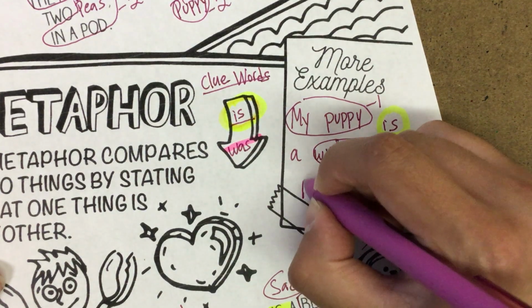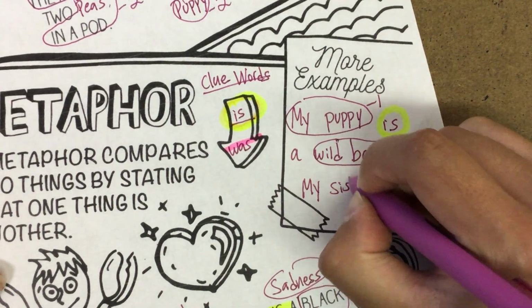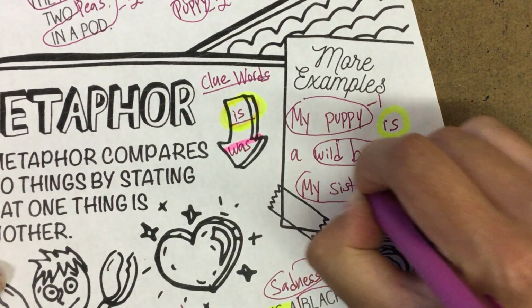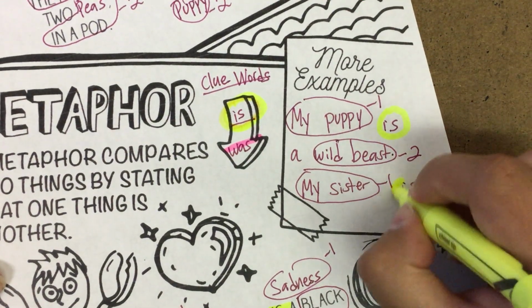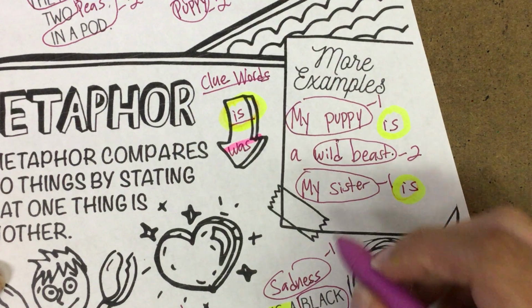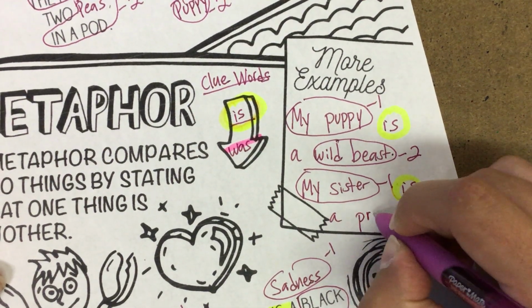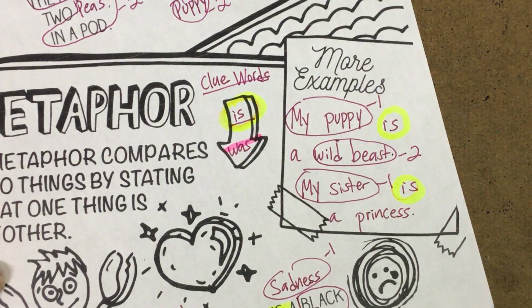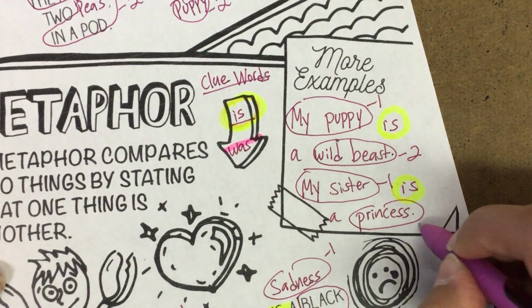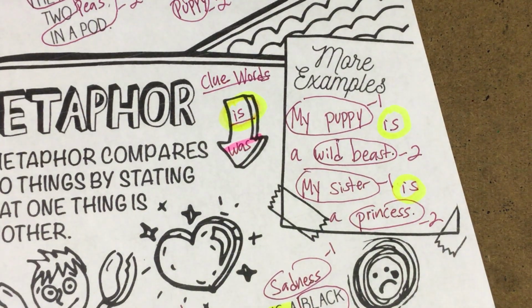Then I have my sister. So that's my first thing that I'm comparing. Is my clue word that this is a metaphor. Is a princess. And princess is the second thing. So they're comparing my sister to a princess.